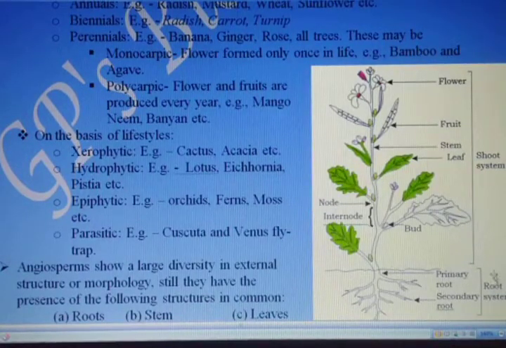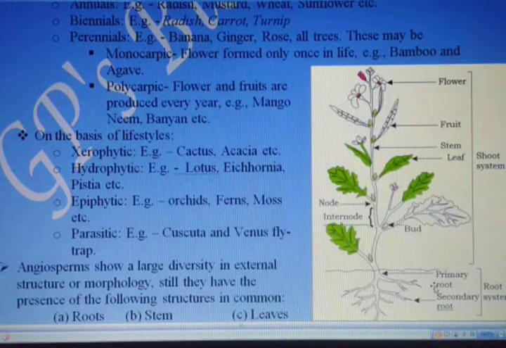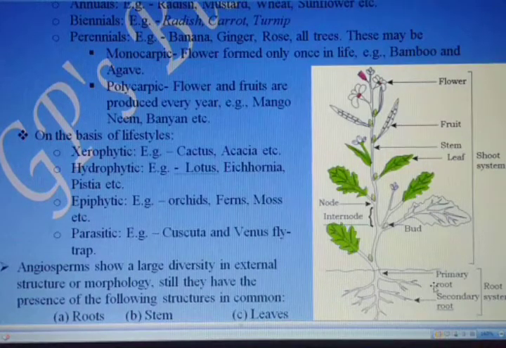Whereas the underground part is called the roots. The roots also have branches, so that they can spread horizontally or vertically downward. And when they spread inside the soil, they help the plant get fixed so that it can stand firmly.